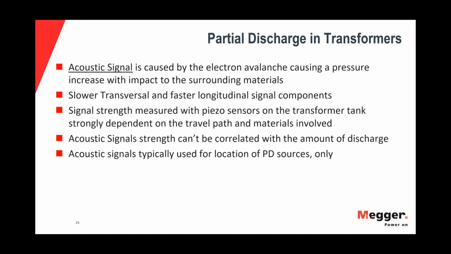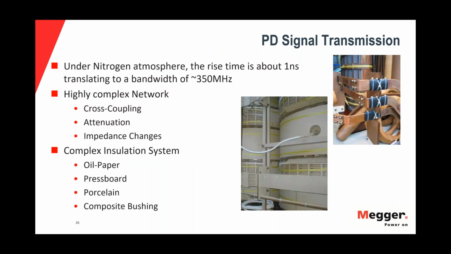You can put one or several of them on the outside of the tank. Usually the acoustic signal is mostly used for locating the PD in a power transformer at a later stage. Under nitrogen atmosphere, the rise time, as I mentioned, is 1 nanosecond.